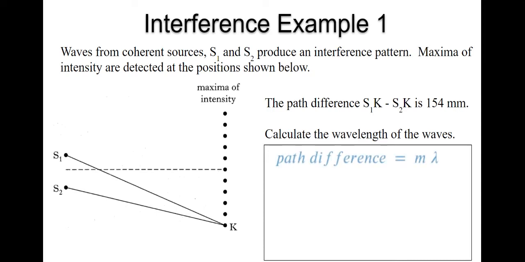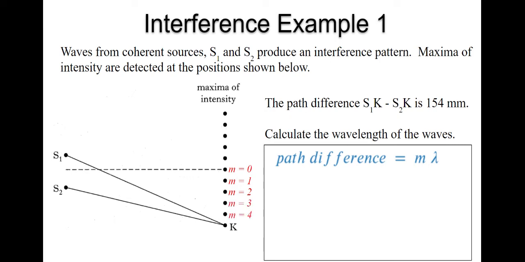So we have the formula path difference equals m lambda. That's the formula for constructive interference. Now here, that is the point in the middle, m equals 0. The path difference is nothing. Either side of that, we would have path difference is 1 wavelength. So that's the first maxima from the center. Path difference is 2 wavelengths. Path difference 3 wavelengths. Path difference 4 wavelengths.